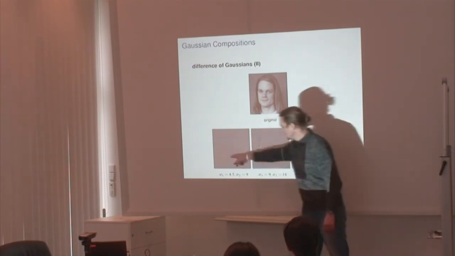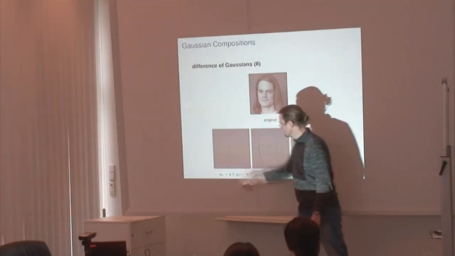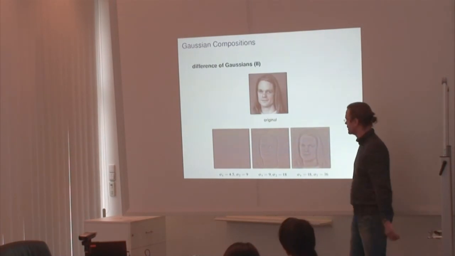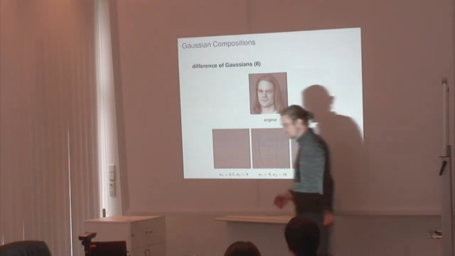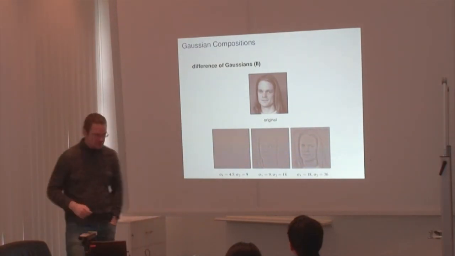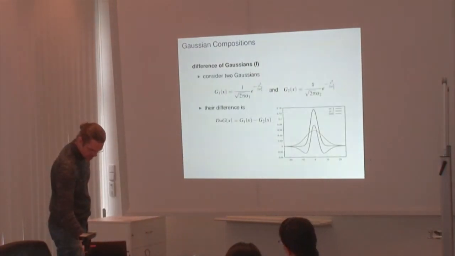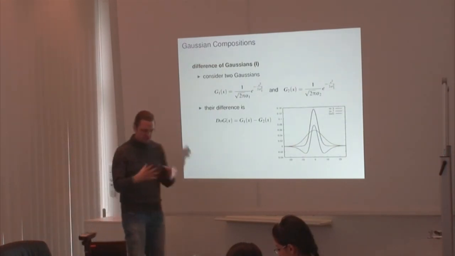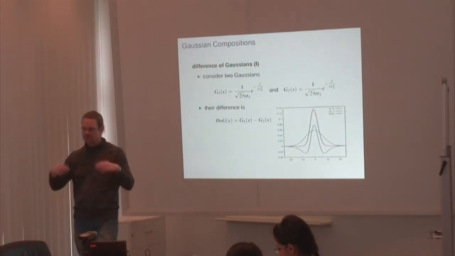It's also visible in here, and here you can actually see my pupils, and they are rather dark blobs here. So this operation of convolving with a difference of Gaussians identifies locally homogeneous regions surrounded by something else.